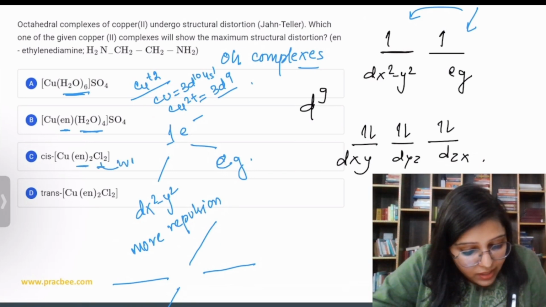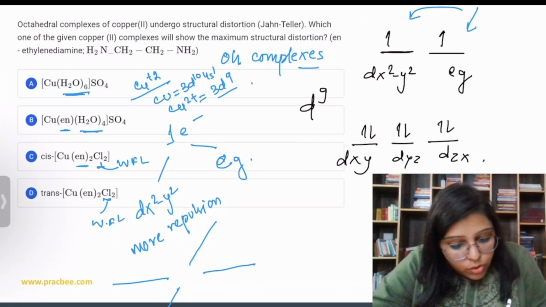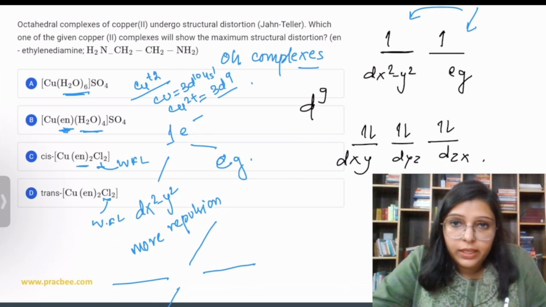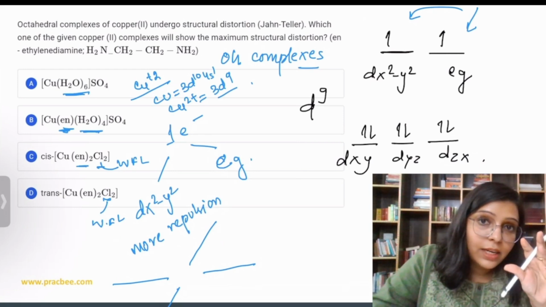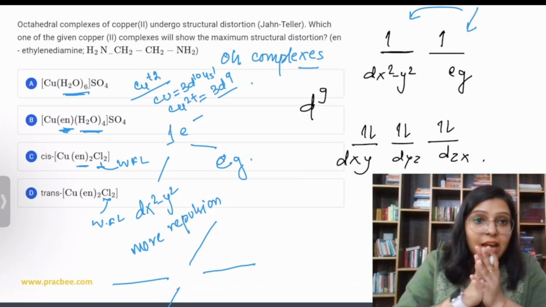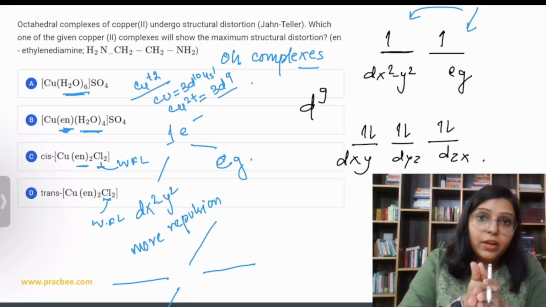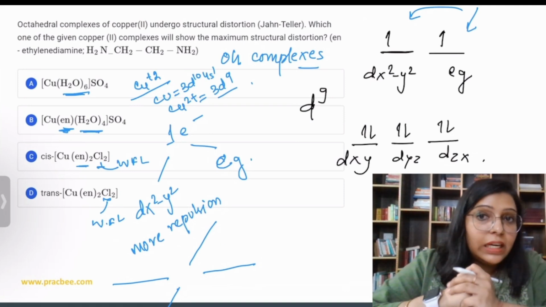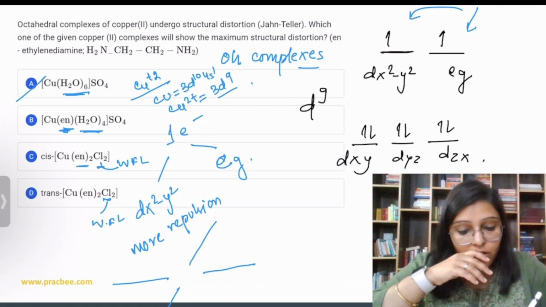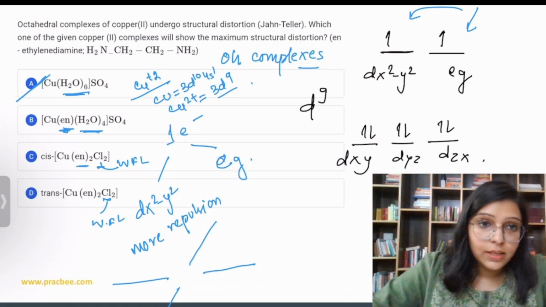Cl2 is a weak field ligand, so let's not consider the weak field ligand. En is a strong field ligand. Here H2O4, but we have different ligands. So that is going to be more when we have symmetrical ligands, and a symmetrical ligand forms bonds with the metal ion. So that is the case of Jahn-Teller distortion. So here we can take option number A as the correct answer.